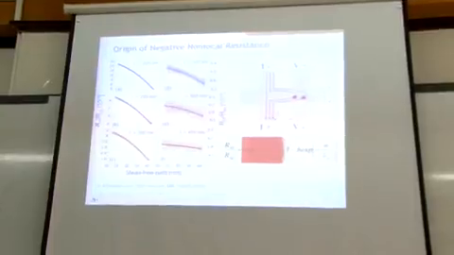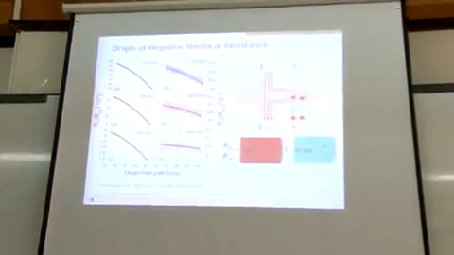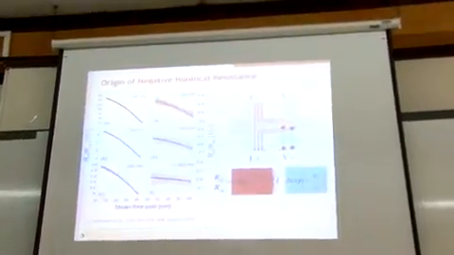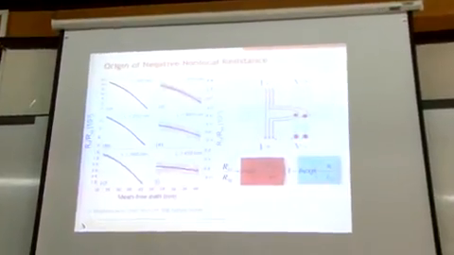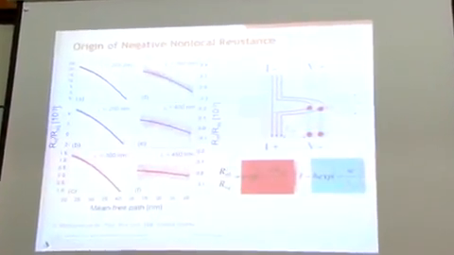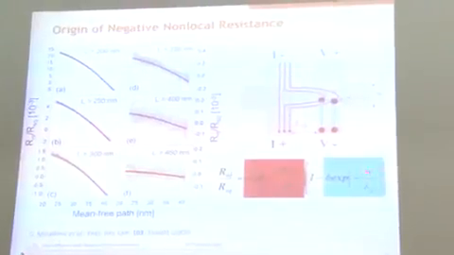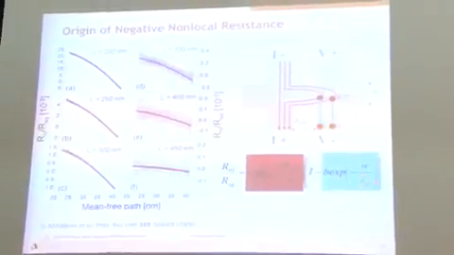And then we assume that some of the electrons that get here scatter ballistically into the wire, and this contribution actually is negative. And it goes as a function of the width over the mean free path.